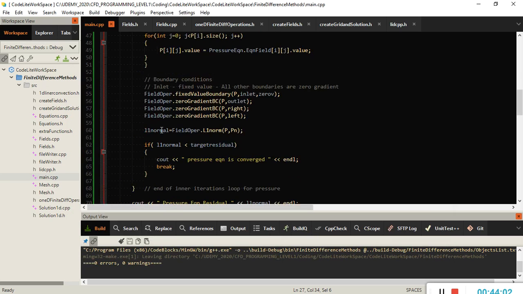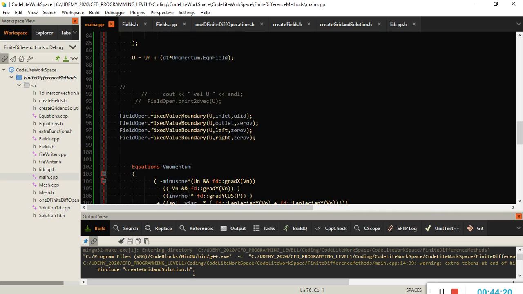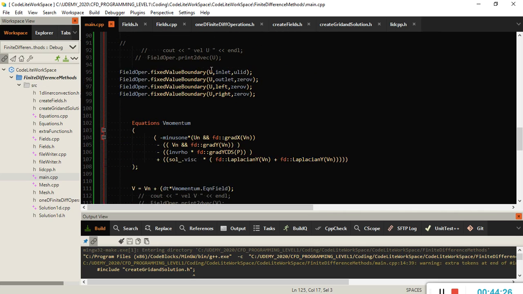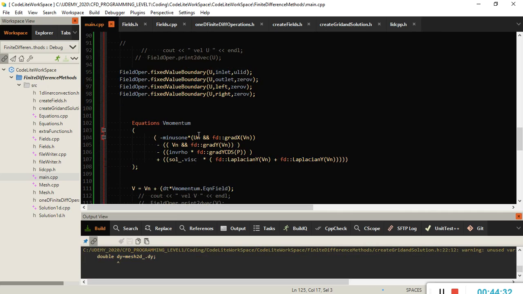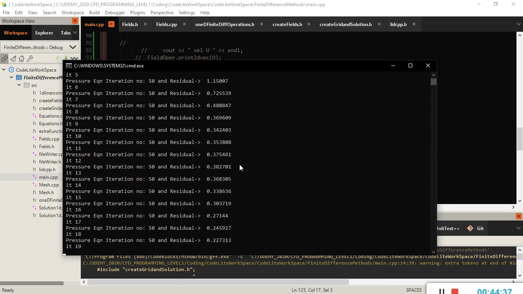So we quit that, and it looks like I just need to reduce the time step size to a more reasonable value and viscosity, and we will write the file at every 100 time steps. For now we will start with a grid of 20 by 20, but I will run the final solution with 50 by 50, and now the residual is also starting with 20, but now with a smaller time step it's more stable.